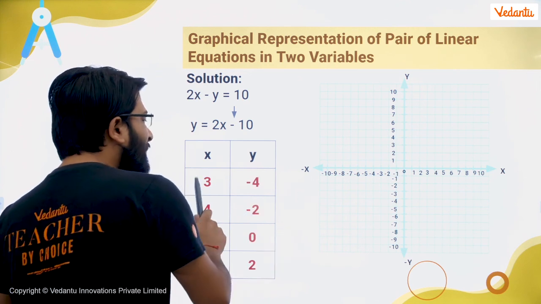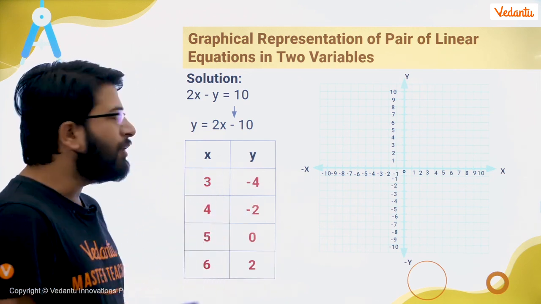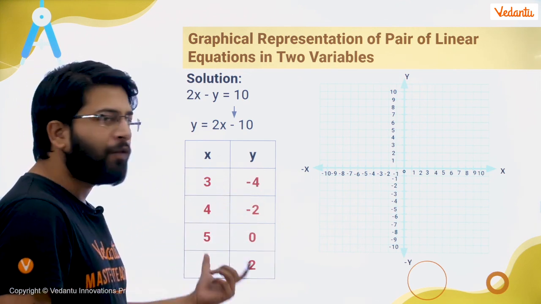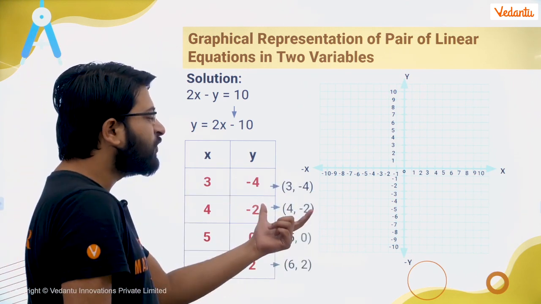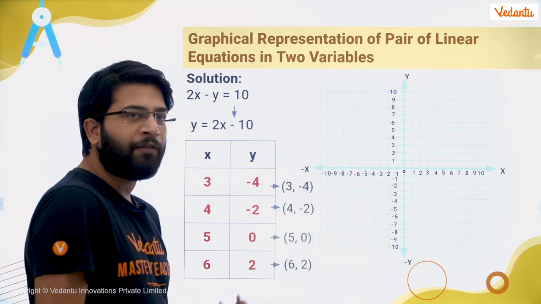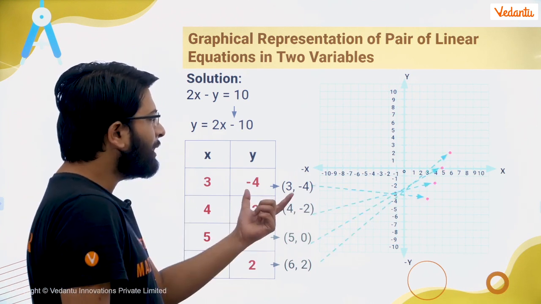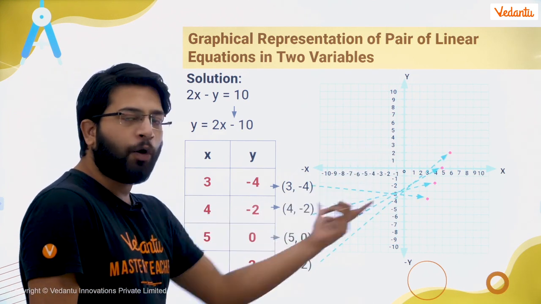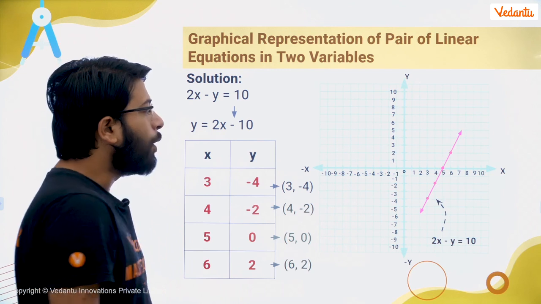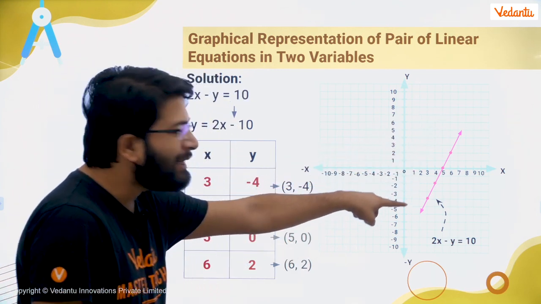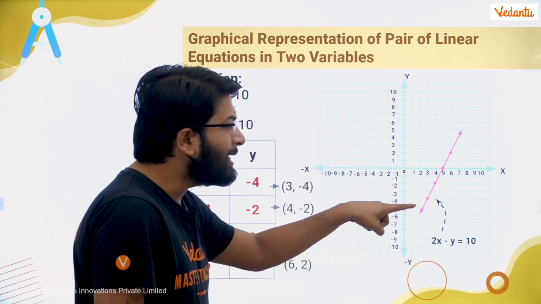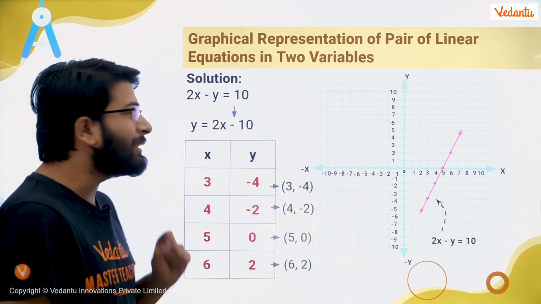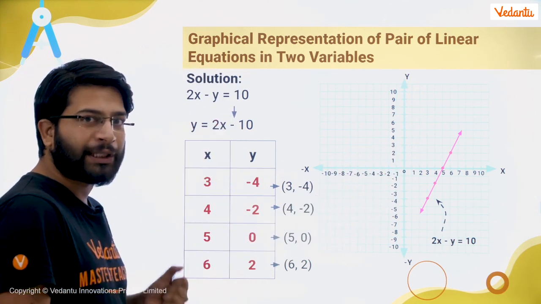With respect to every value of x, we will get a particular value of y. Now we have 4 points and we can represent these 4 points on the graph. When we join these 4 points, we get a straight line, and this straight line represents this particular linear equation.